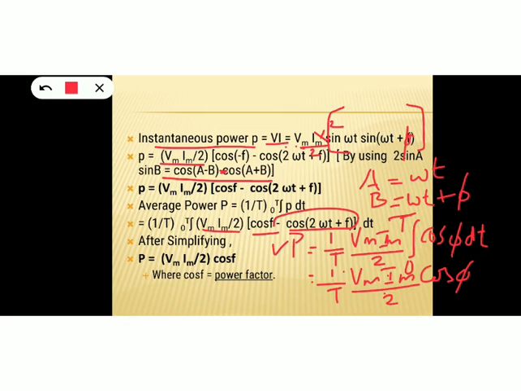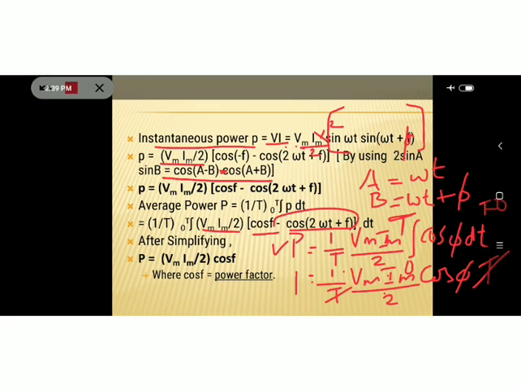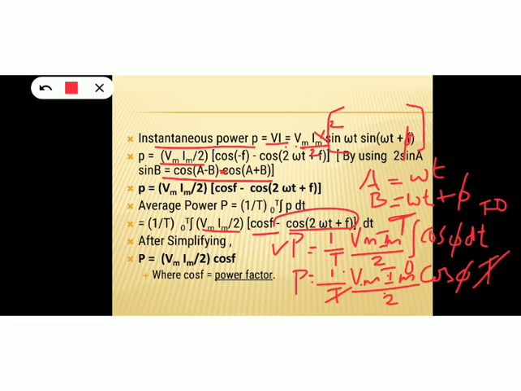Whenever you integrate dt, you get t, and when you substitute the upper limit T minus the lower limit 0, T minus 0 will be T itself, and this T will cancel. So average power P is equal to Vm Im cos phi by 2. This is the expression for average power for an LCR circuit, and cos phi is the power factor.